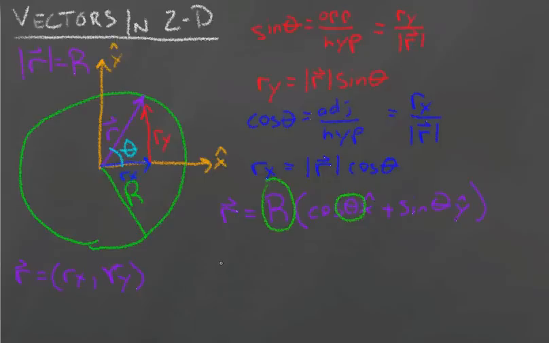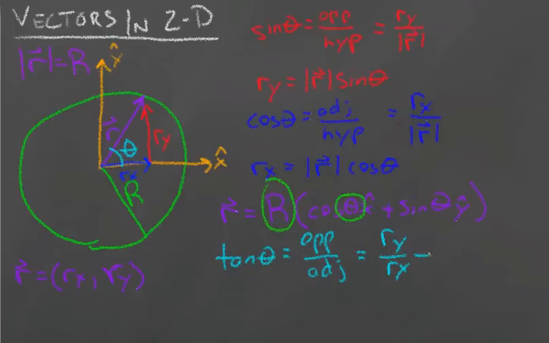Of course, now let's say we're given rx and ry instead of theta, and so we want to find the angle that makes up r. Well, we know that the tangent of theta is the opposite over the adjacent, which in this case is ry over rx.